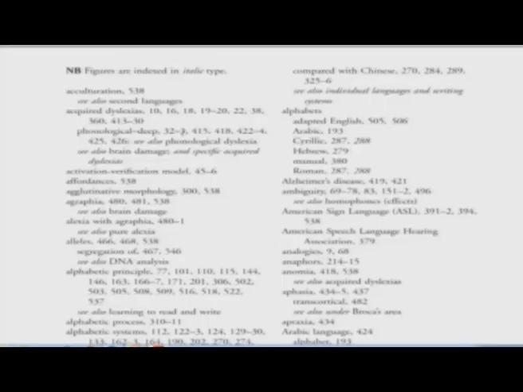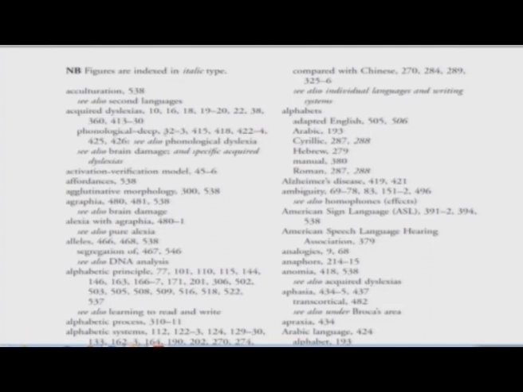You will see that against some topics multiple numbers are mentioned. For example, phonological deep: 32, 33, 415, 418, 422 to 424, 425, 426 and so on. When you see a hyphenated page number, it means this is a continuation.